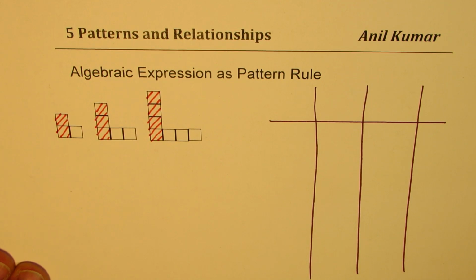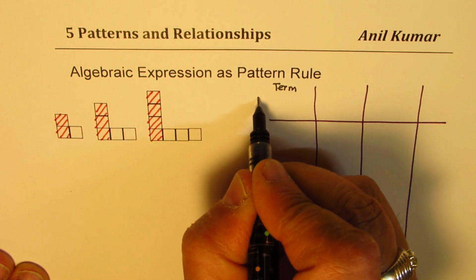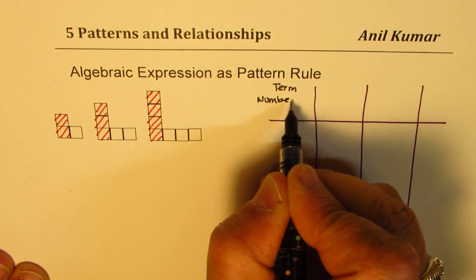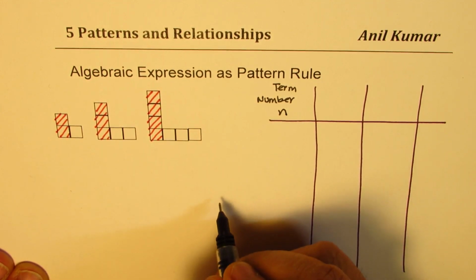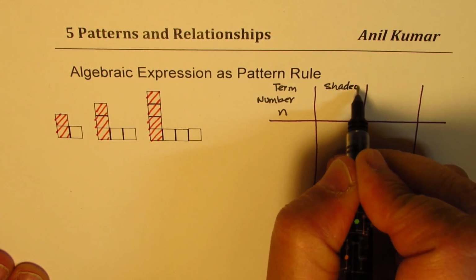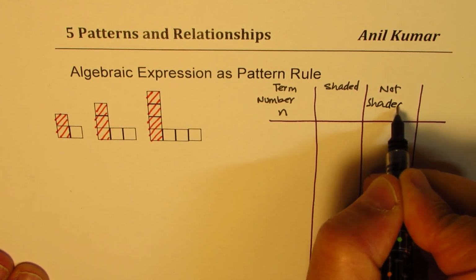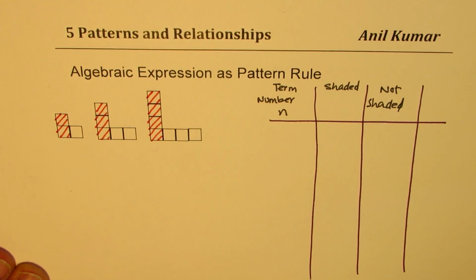So in this chart, you are going to write term number here, which is n for us. Then you will say shaded and not shaded. Once you fill this up, you will get a rule. So you can pause the video, answer, and then look into my solution, right?